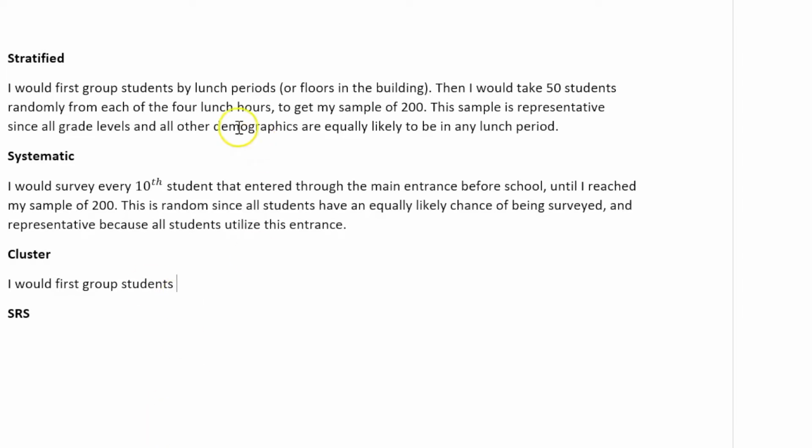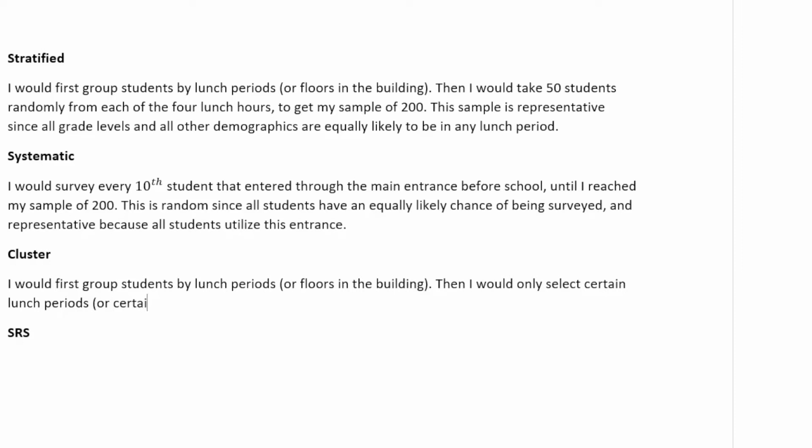So here I would suggest keeping with these by periods, or by lunch periods I should say, or floors in the building. Just because, again, those are very good ways of grouping without necessarily limiting who's in your groups. So here, then I would only select certain lunch periods, or certain floors, whichever one you chose.